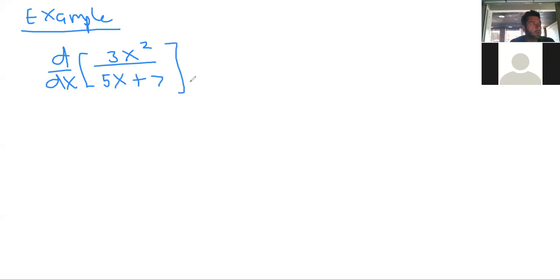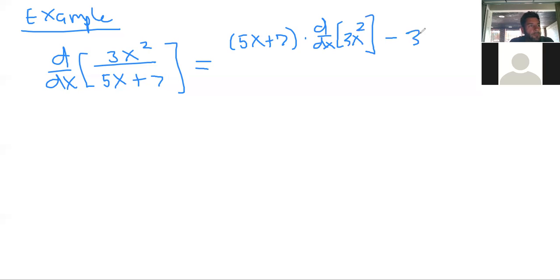So we want to know the derivative of this particular function. How do we do it? Well, we know it's the bottom function times the derivative of the top, minus the top times the derivative of the bottom.